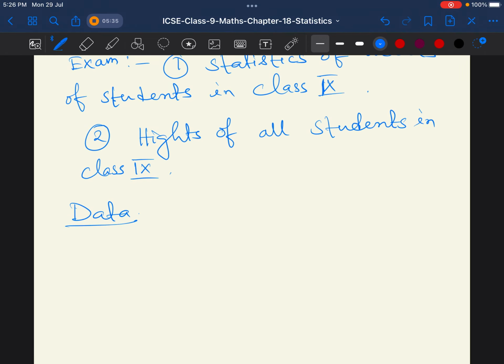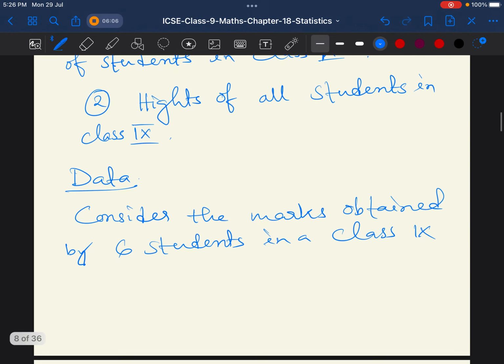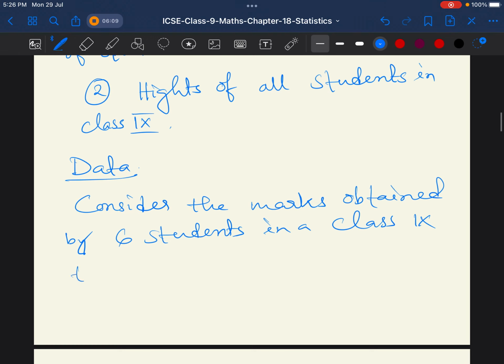Now consider the marks obtained by 6 students in a class 9 test exam.